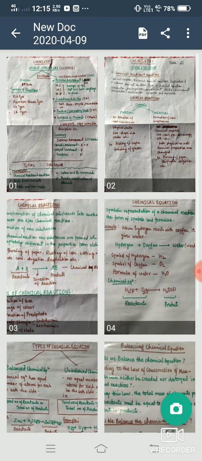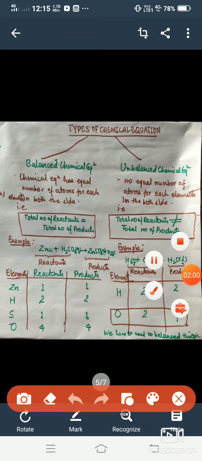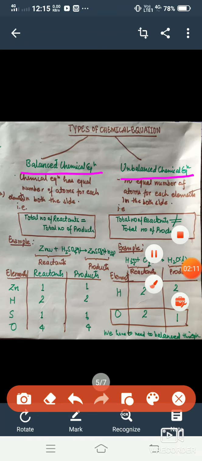Now, types of chemical equation. There are two types of chemical equation: balanced chemical equation and unbalanced chemical equation. So what is a balanced chemical equation?